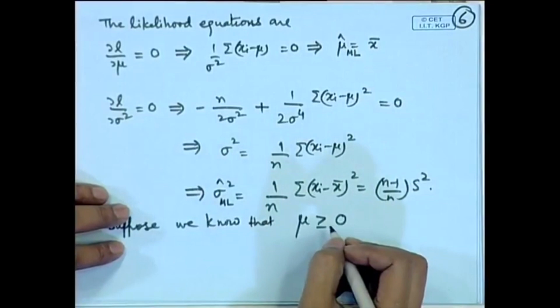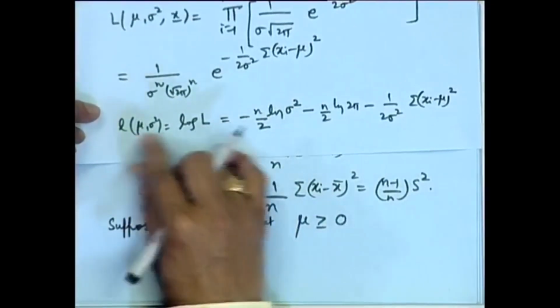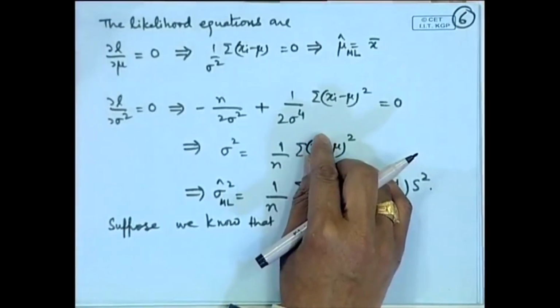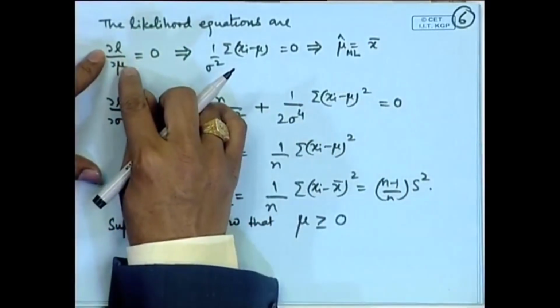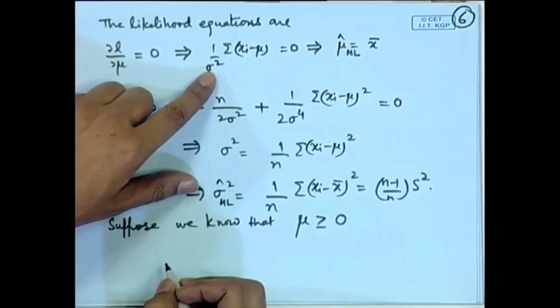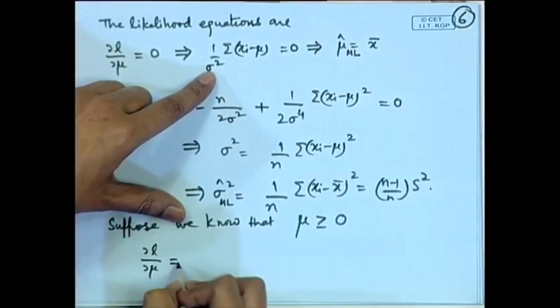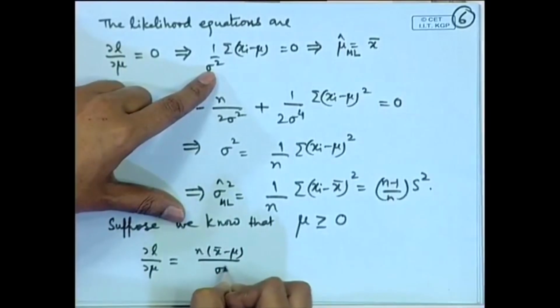So, we can analyze it in a proper way by looking at the behavior of the log likelihood function, which we have actually maximized. With respect to mu, we have del L by del mu, that function we got as n times x bar minus mu by sigma square.